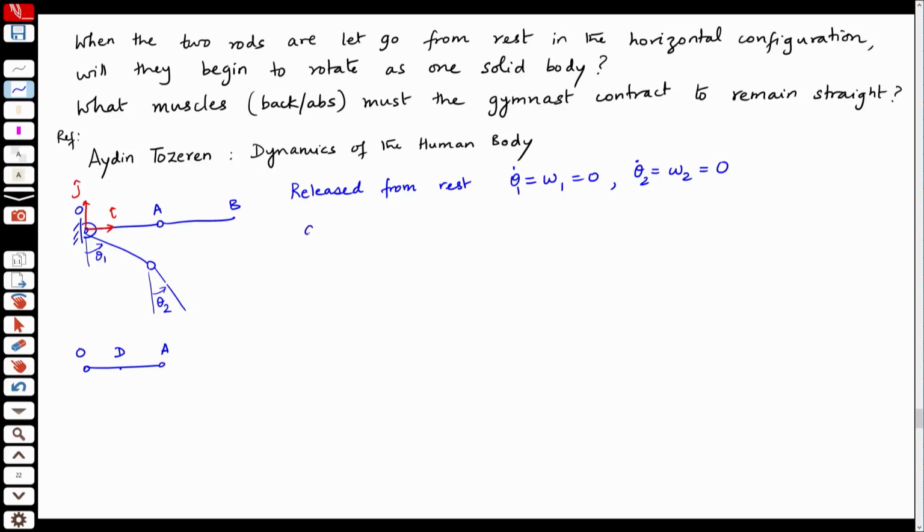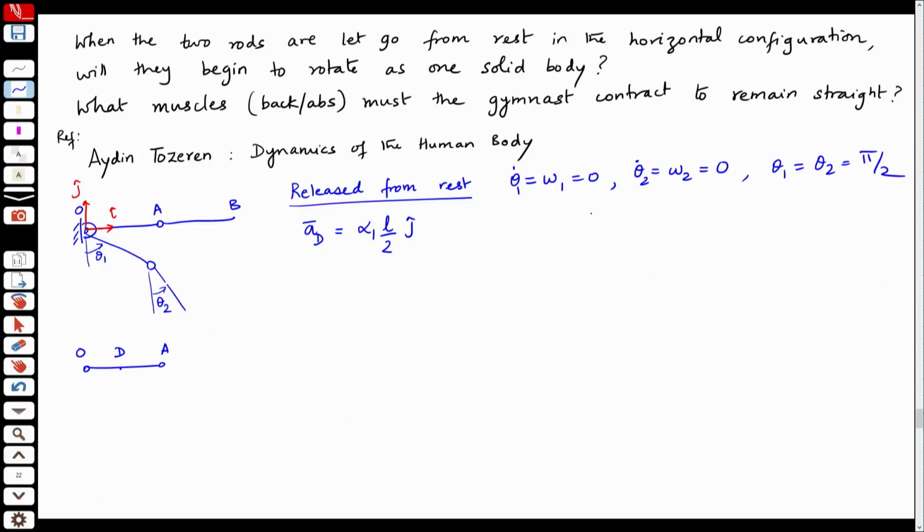I can write the acceleration of D directly. What would be the acceleration of D? In terms of alpha, it is just alpha 1 into this distance L by 2 along J in the horizontal configuration. We are analyzing it when it is released from rest at theta 1 equal to theta 2 equal to pi by 2, at that particular configuration.